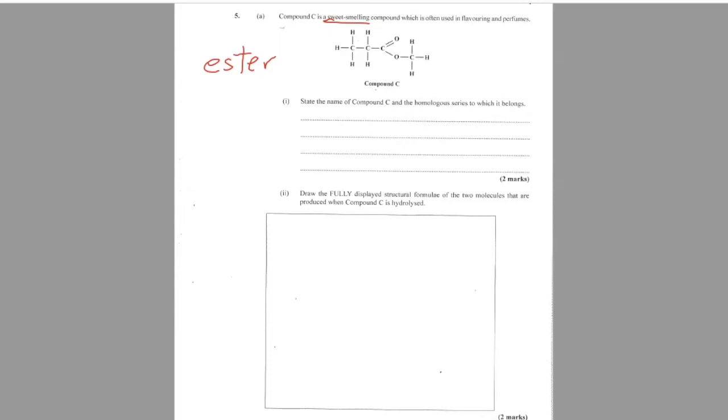They want us to name compound C and to give the homologous series to which it belongs. So we know it belongs to the esters, sweet smelling compounds. Esters tend to be fragrant, at least the shorter chain ones. In naming an ester, this is how we do it.